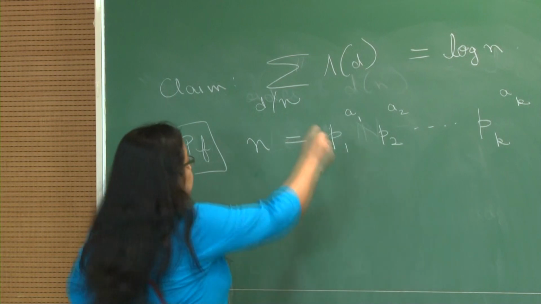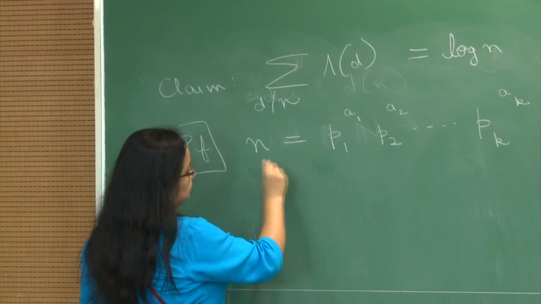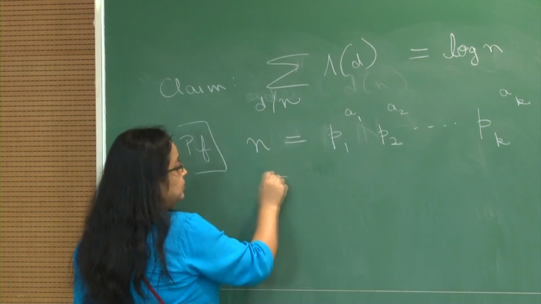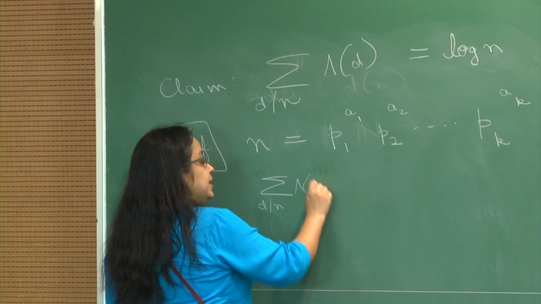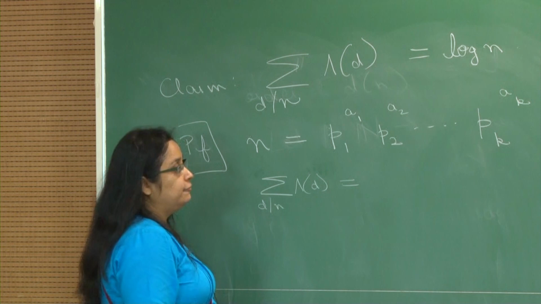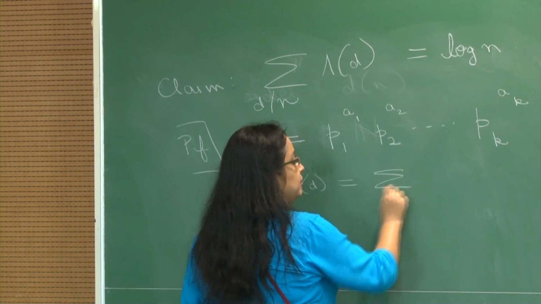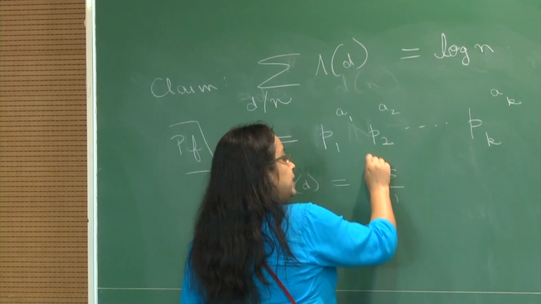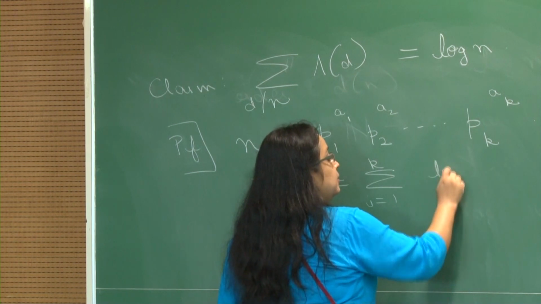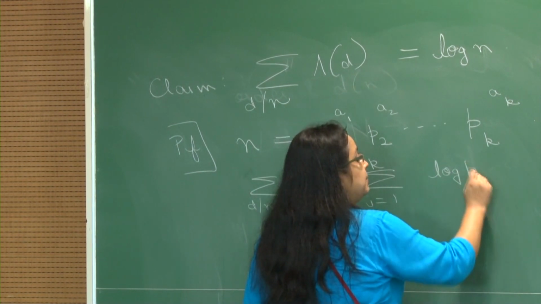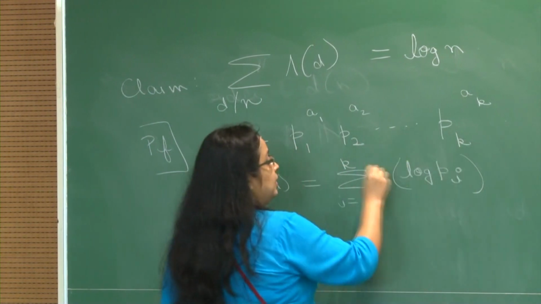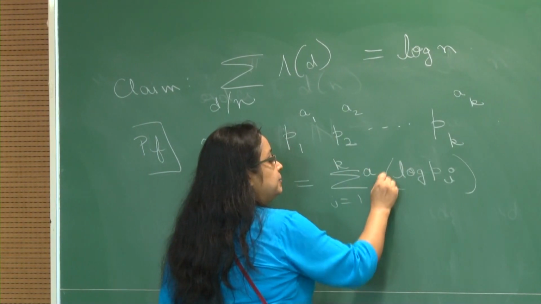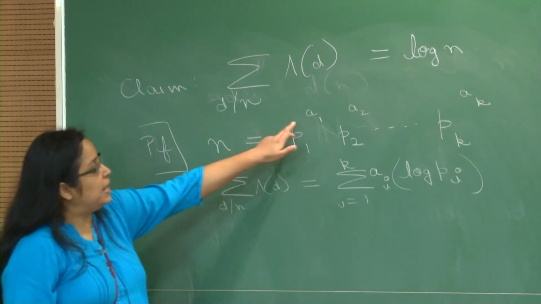So this sum of lambda of d is, for each i going from 1 to k, log pi picked up ai many times, depending on the power ai.